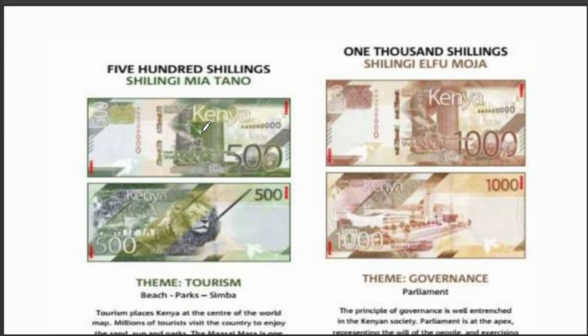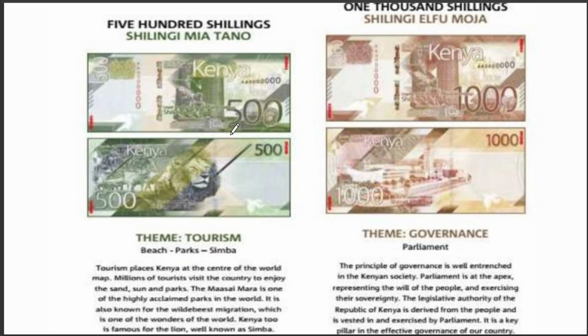Now we have the 500 shillings ambao ni shilingi 500, and the theme is on tourism. That is because a lot of people come here to watch our parks, beaches, and the Simba at the line. And then the 1000 shilling notes, which is shilingi 1000, whose theme is just only on governance, especially the parliament itself. So iangalia sana parliament.